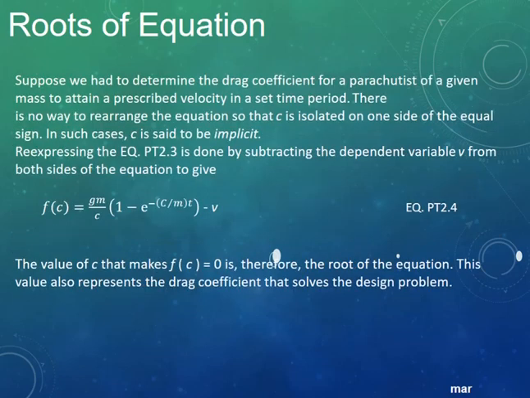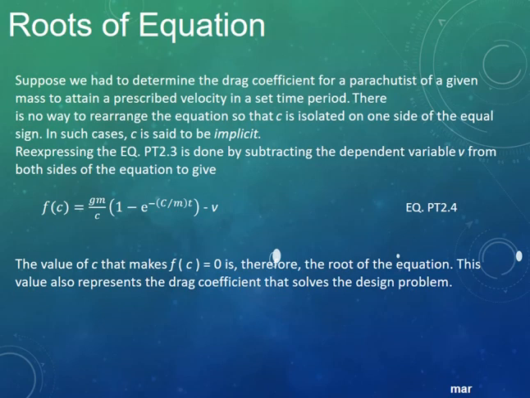But suppose we had to determine the drag coefficient for a parachutist of a given mass to attain a prescribed velocity in a set time period. So there is no way to arrange the equation, no? So that c is isolated on one side of the equal sign. So in such a case, c is said to be implicit.